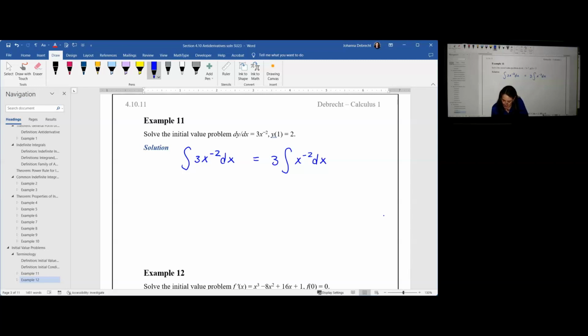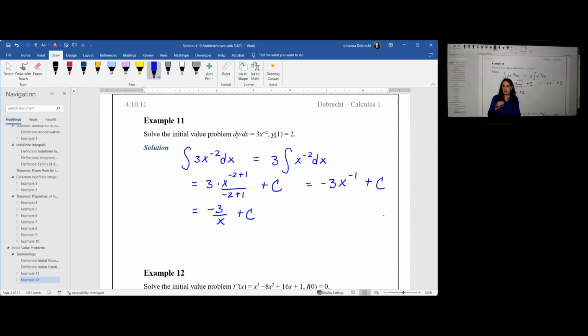Now we apply the power rule, which gives us 3 times x to the negative 2 plus 1 divided by negative 2 plus 1, plus the constant of integration. This is going to give me negative 3x to the negative 1 plus a constant. I can also think of this as negative 3 divided by x plus the constant.